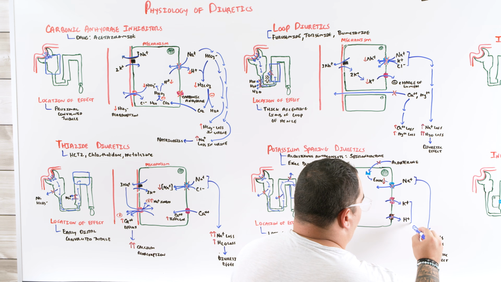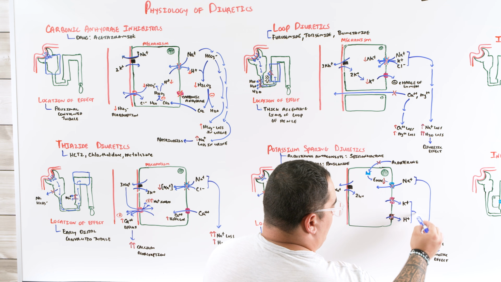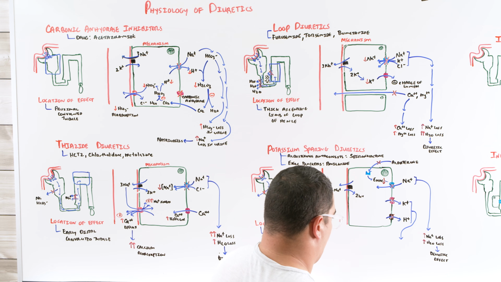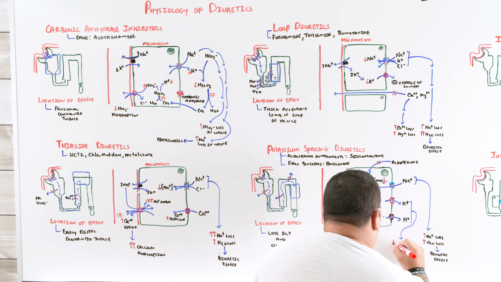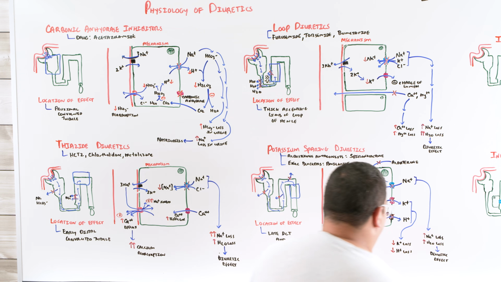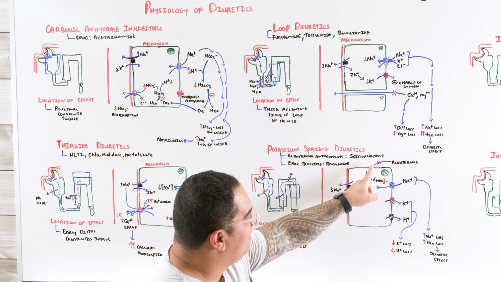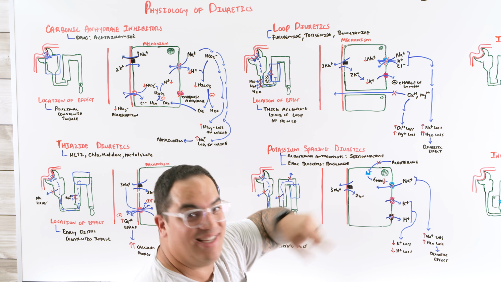Because you're not allowing for potassium to be excreted and protons to be excreted, these patients have decreased proton loss and decreased potassium loss. And the benefit of that is this is one of the only diuretics that doesn't lead to potassium loss.